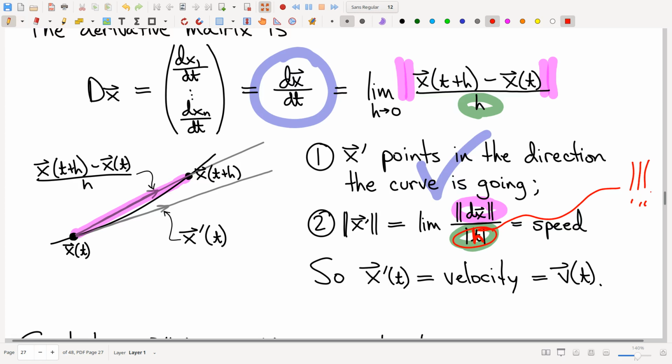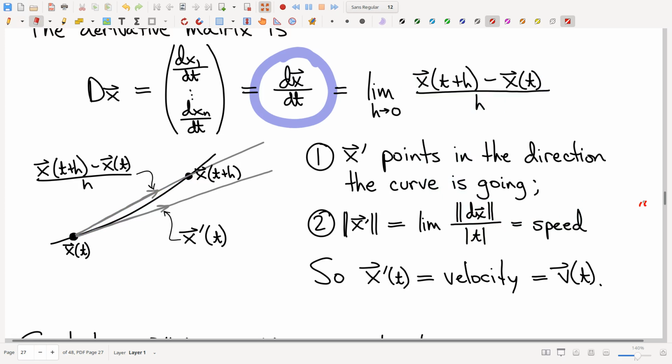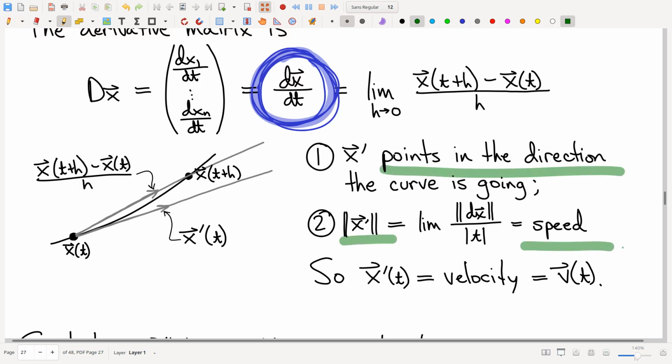Right? So really nice punchline there, and we can put these two observations together. This thing, the derivative of a parametric curve, is a vector that points in the direction you're going and whose magnitude is the speed, and that's a familiar idea.